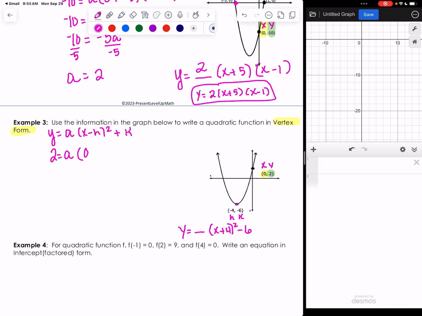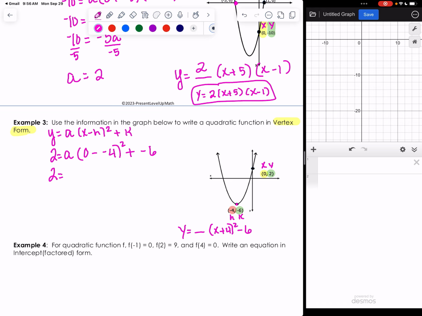So 0 minus our h value, which is -4, parentheses squared, plus our k value, which is -6. Now, I'm going to simplify this a little bit.